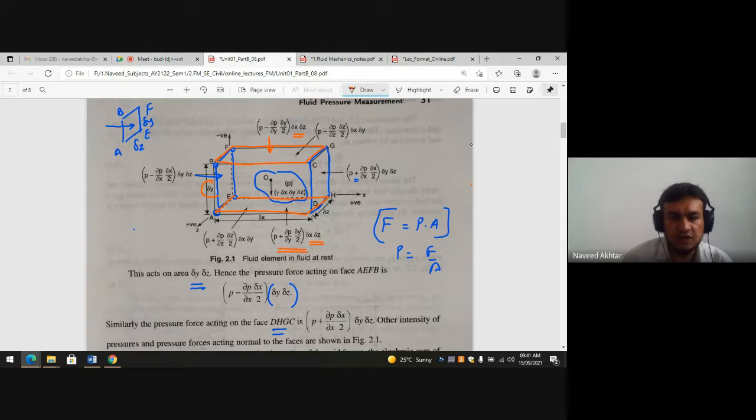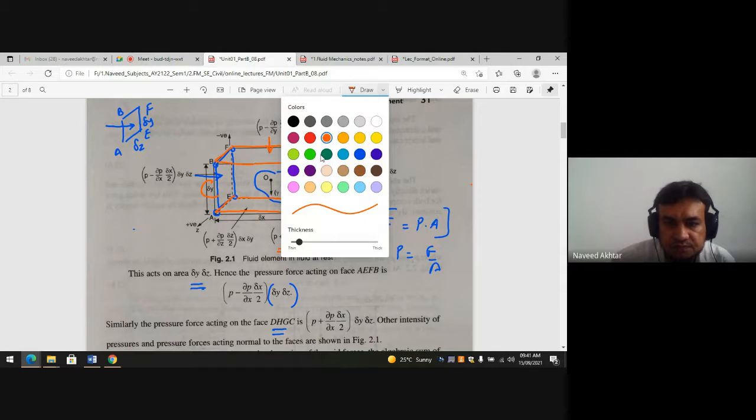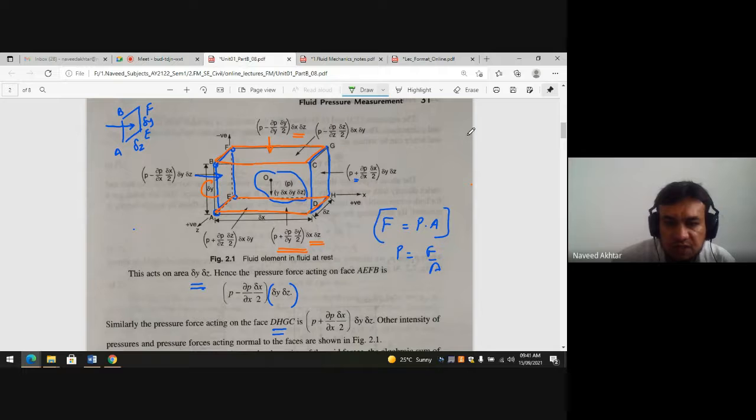Now if you consider the third dimension, this face ABCD and opposite to that is this face. So if you consider ABCD, this force is exerting in the positive direction, P plus ∂P/∂z into delta z by 2 into dx dy, which is the area here.